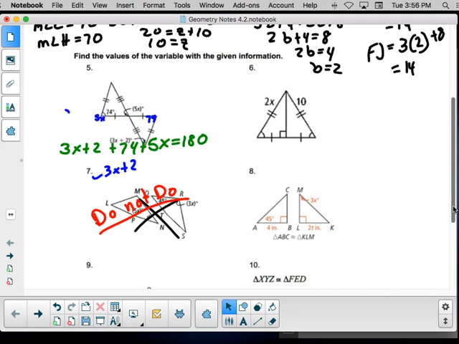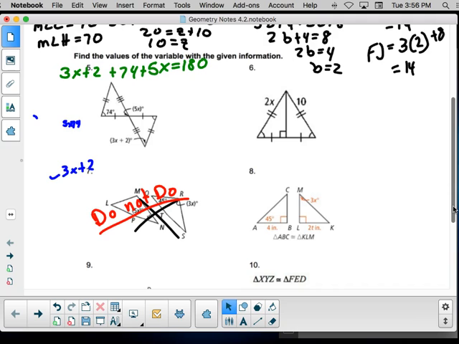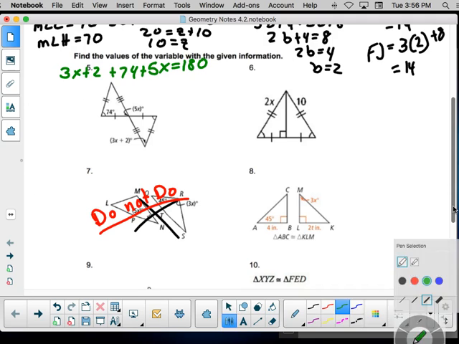So I'm just going to move this blue out of the way, and that's the relationship I'm working with. I'm going to combine like terms. So I've got 8x plus 76 is equal to 180. I've got 8x is equal to 104.